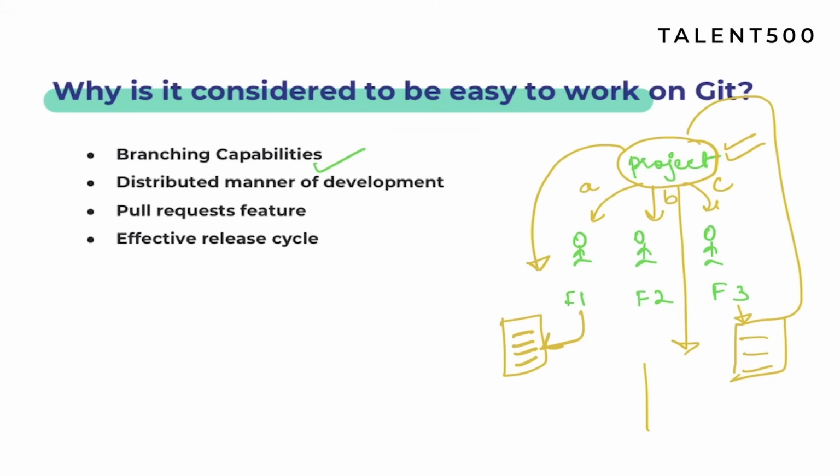Similarly, this one is going to maintain a copy of this project and all the changes related to feature 2. Once we have done all these changes, the next step is that this person will have the option of pushing the changes back to the repo.